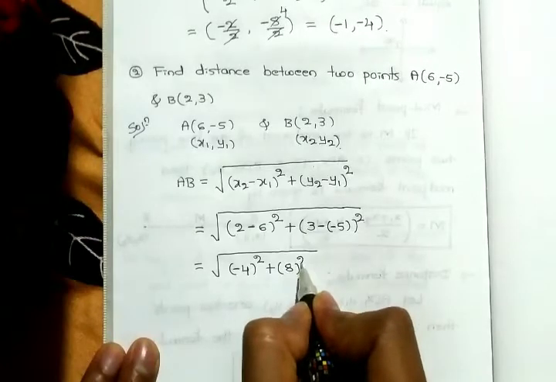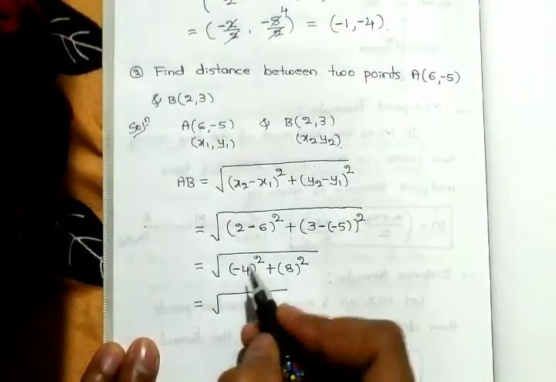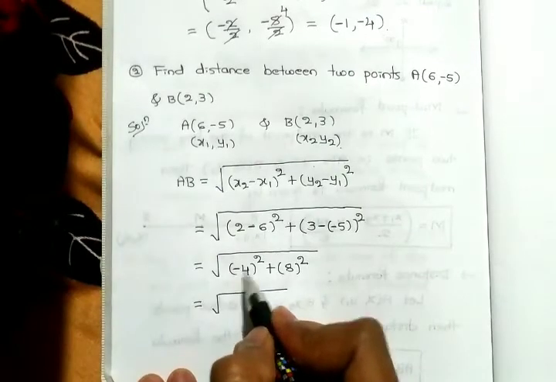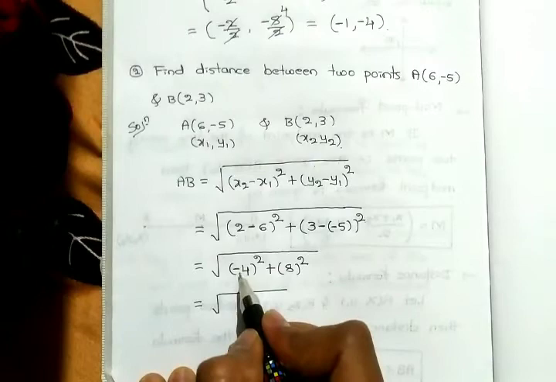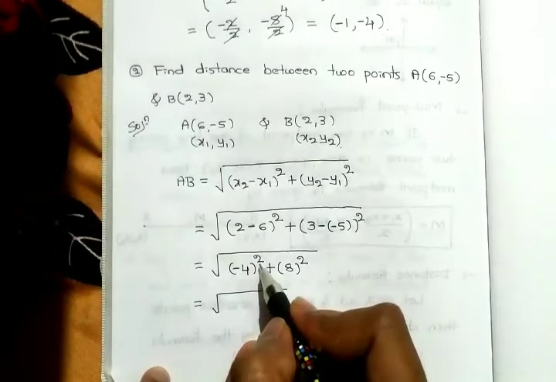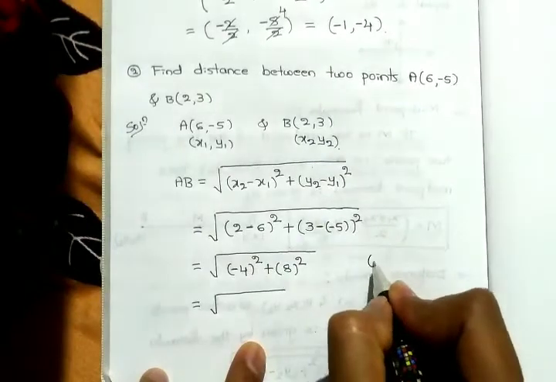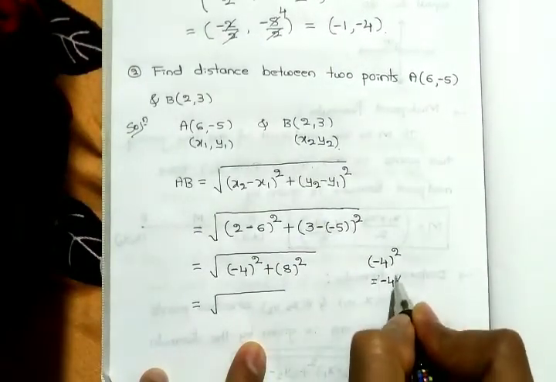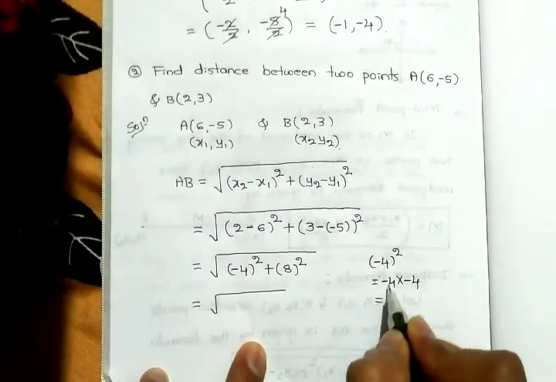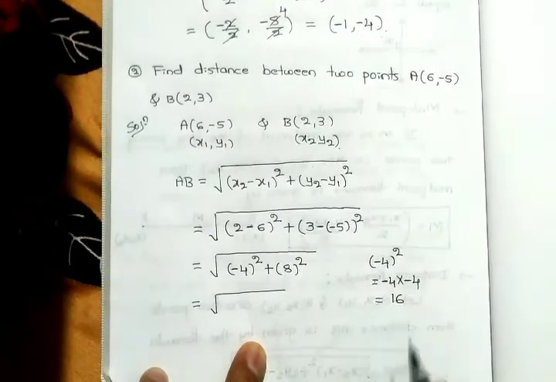8 square. So which is equals to, under the square root, see here negative sign is there but power is even number. So minus becomes plus, because you are multiplying minus 4 two times. So minus 4 into minus 4, minus into minus is plus, so 4 into 4 is 16.